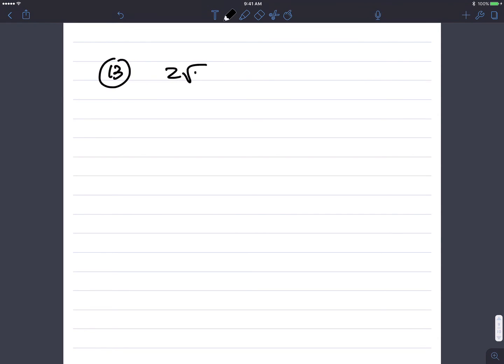Number 13. 2 times the square root of x minus 10 is 0. Now, what we're going to do here is solve for the square root of x so that you can use the fact I gave you way back in number 7.